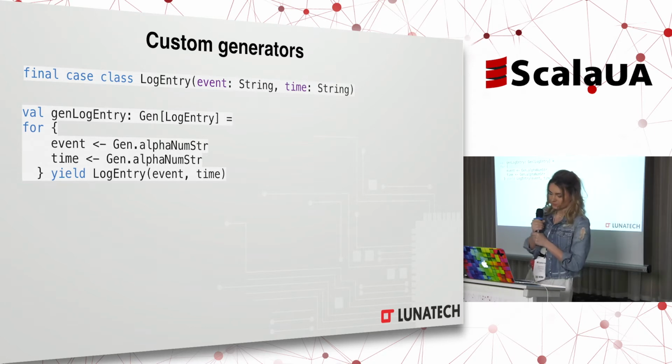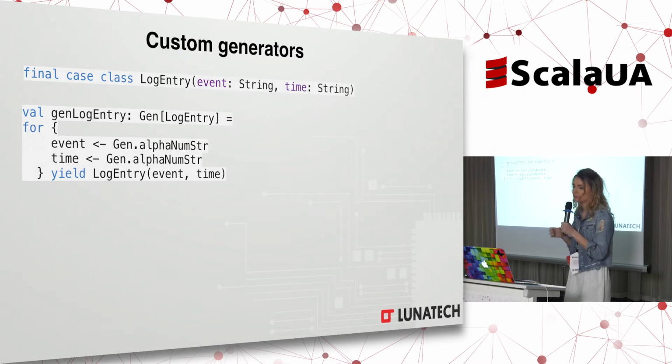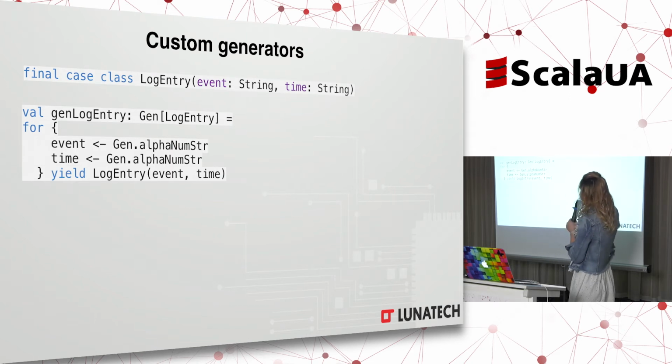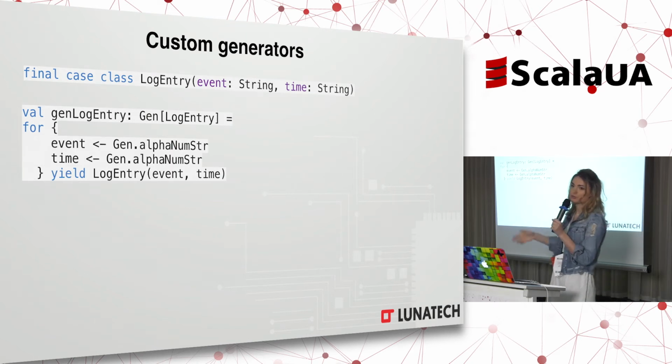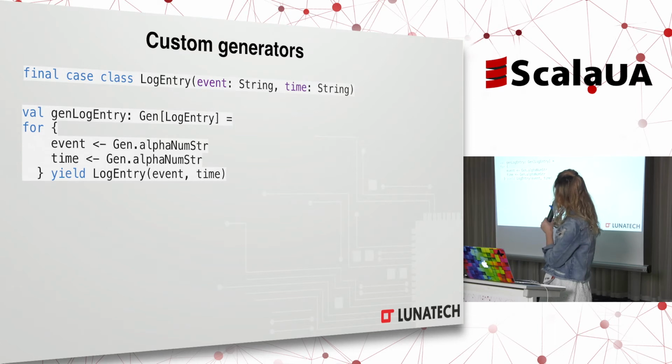You can already by default generate all sorts of data that you would want to use, like basic data types. And since we are using strings inside, it's quite simple. You just specify that it should be an alphanumeric string, and it will generate for each of these values its own value, and then you yield it to the log entry. Done.